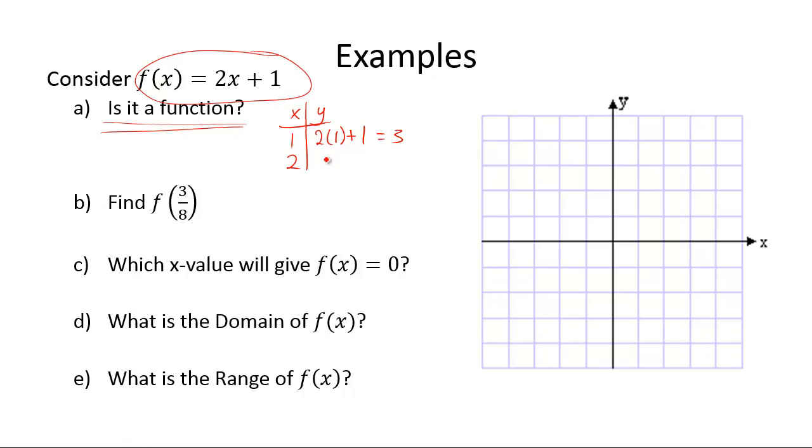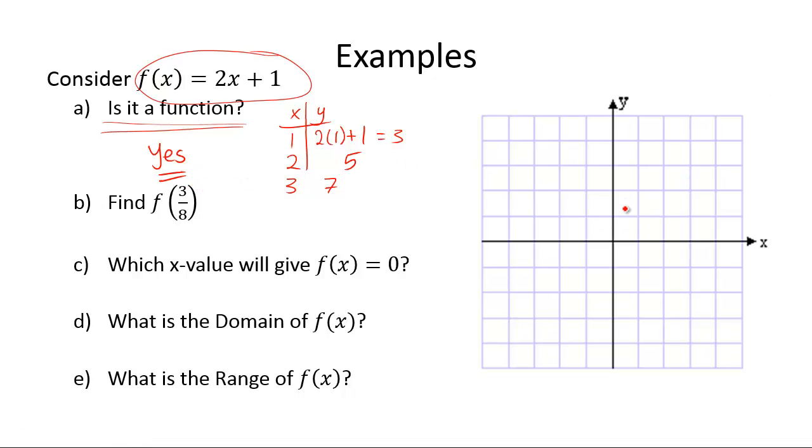You could have 2, double 2 and add 1 will be 5. 3, double 3 and add 1 will be 7. So you can see that yes, it is a function because every time you put a number in, you're only going to have one answer.